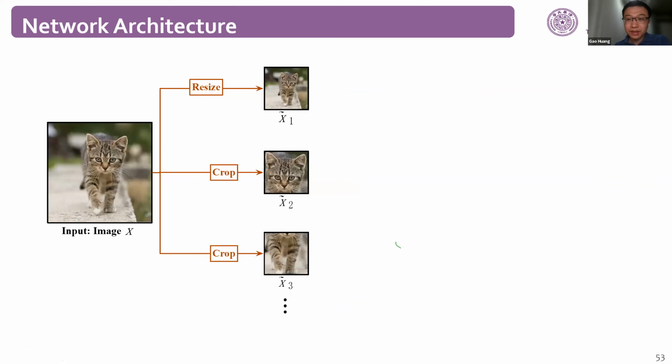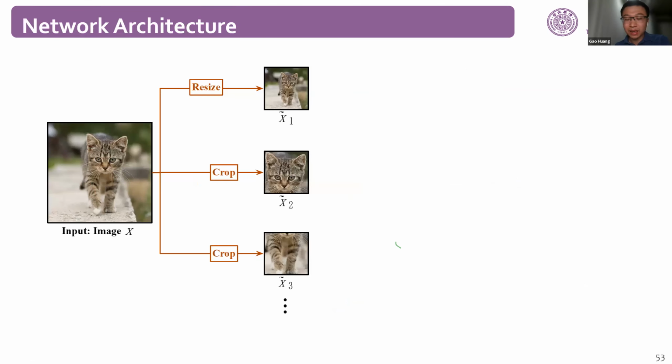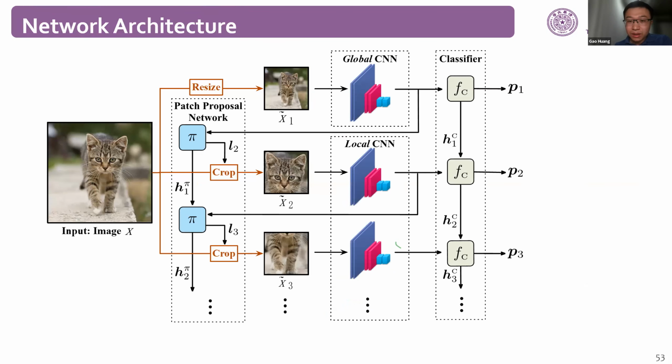Training this system is a little bit tricky, but I will give an intuition here. This is a full picture of our model, and the most tricky thing here is where to look, where to extract those local patches. Here we have the proposal network to do this job.